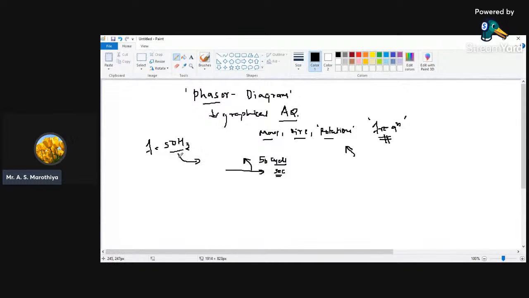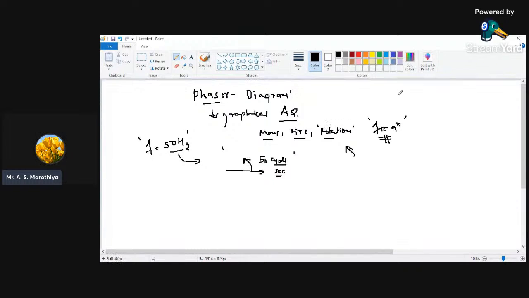That means the frequency of an alternating quantity and the corresponding phasor rotate at the same pace. That is very important.